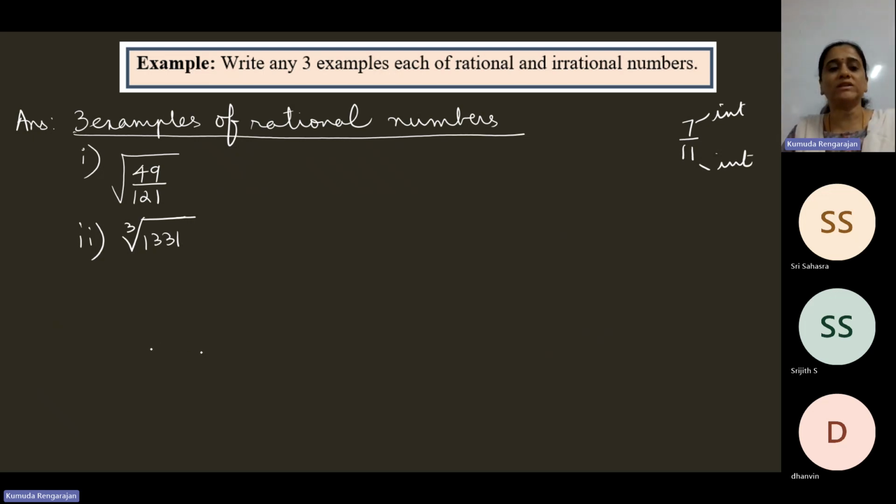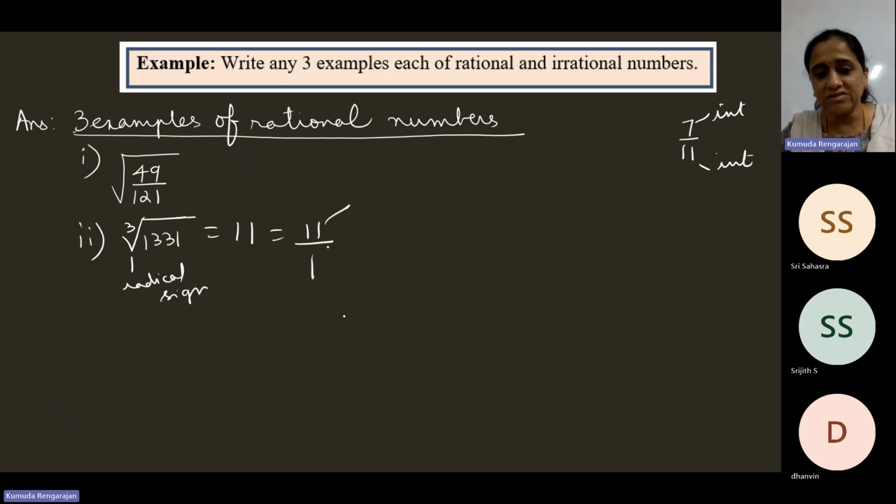So this cube root is the radical sign. Just because we see the radical sign, that doesn't make it an irrational number. The value of cube root of 1331 is 11. And 11 is 11 by 1. Integer by integer. Rational number. P by Q form, rational number.